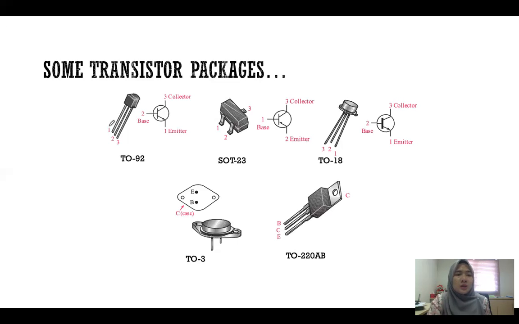So for this one, this is the emitter, this is the base, and this is the collector. This one, this is the base, this is the emitter, and this is the collector. Okay, and so on.